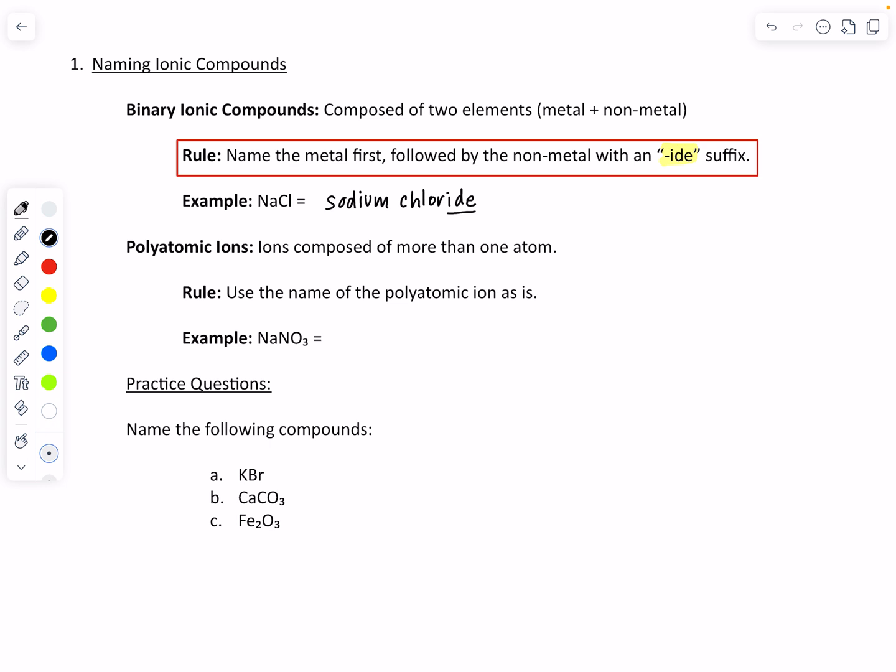Polyatomic ions are ions that are composed of more than one atom. So we're going to use the name of the polyatomic ion as it is. So we'll name the first metal, in this case sodium, and then we're going to name the second polyatomic ion and we'll give it the name as it is. Let's find what the name for NO3 is.